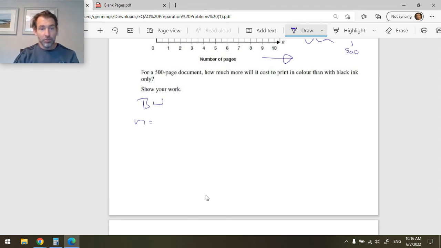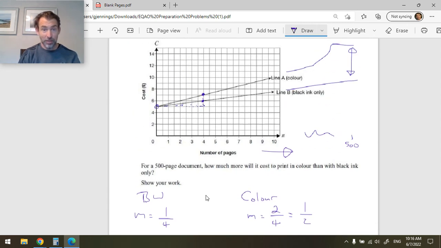M is equal to $1 increase per 4 pages. For color, the M is equal to $2 increase over 4, which is, so color costs 50 cents per page. Black and white costs 25 cents per page. Okay, so what's the difference? A difference is 25 cents per page.